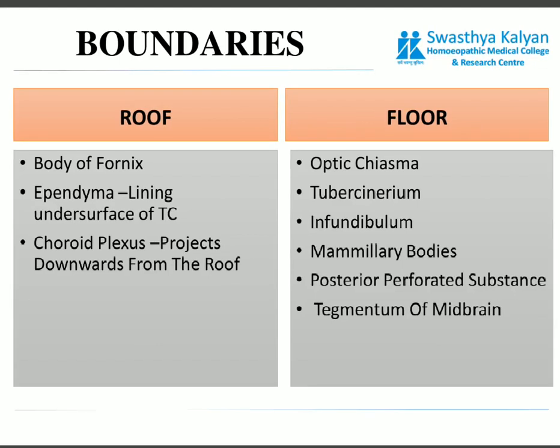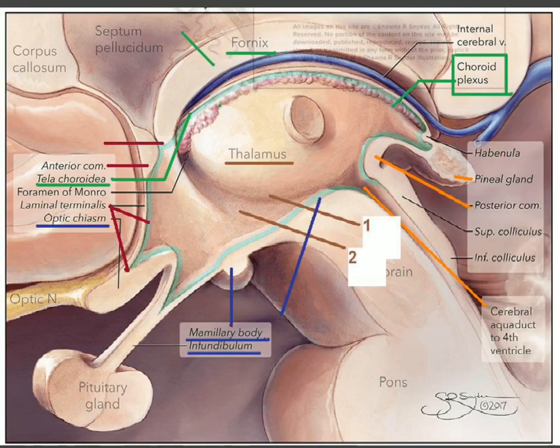Now we'll talk about the roof and the floor. If you see here in this figure, the roof is formed by the body of the fornix.